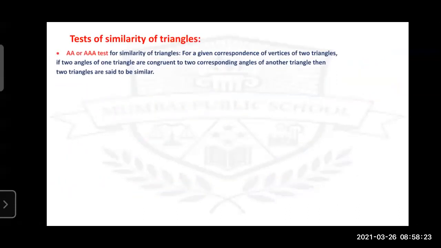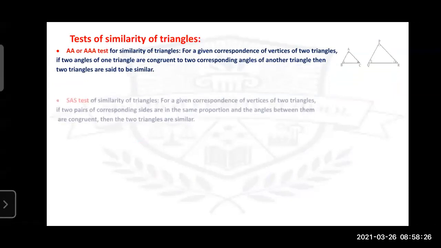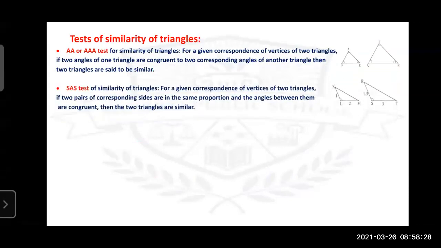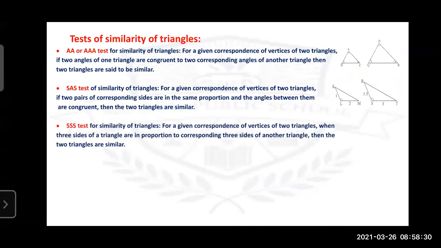Now next, tests of similarity of triangles. Here we discuss 3 tests: AA test, SAS test, and SSS test. In the AA test, two angles are congruent. In the SAS test, two sides are in proportion and the included angle is equal, then we say the two triangles are similar by SAS test.